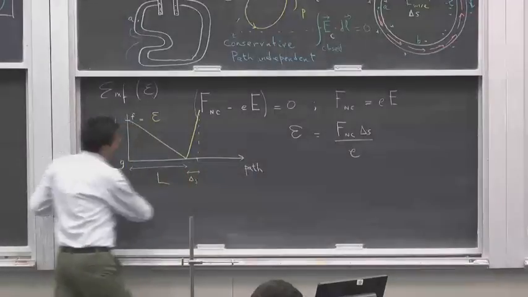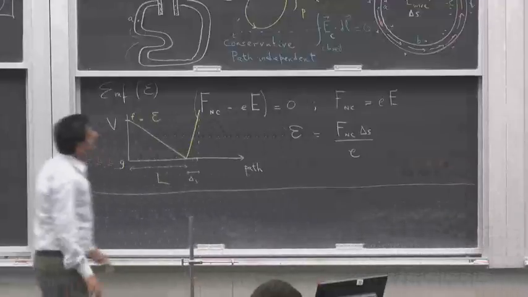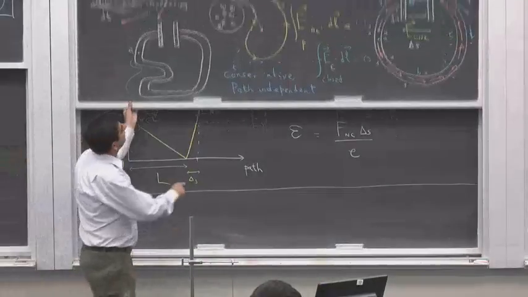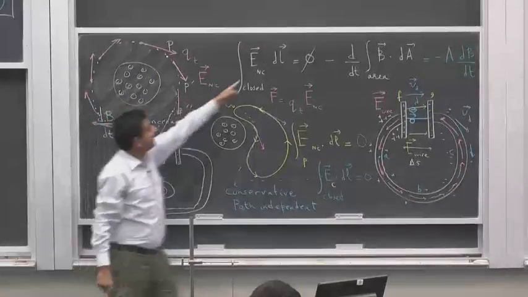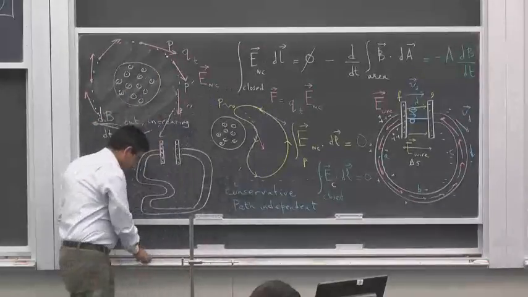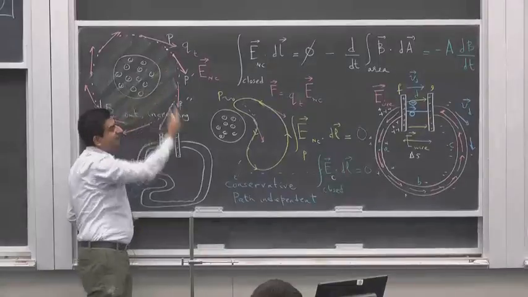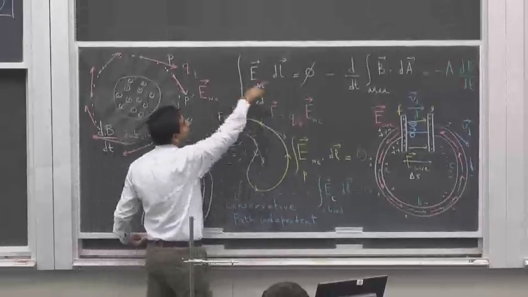Now what I would like to see is this situation here. You have an electric field and the line integral of that electric field is non-zero. If this electric field exists, this has dimensions of EMF.